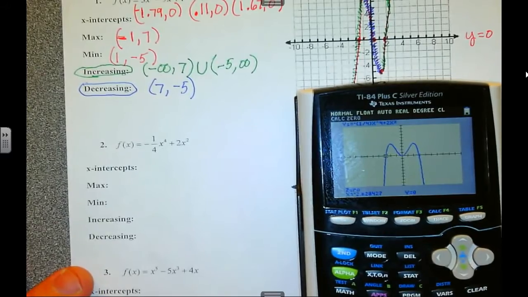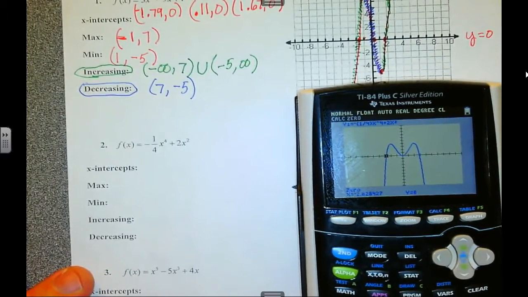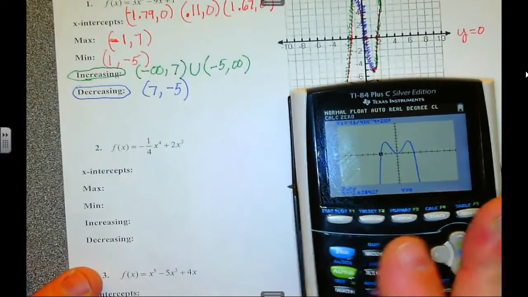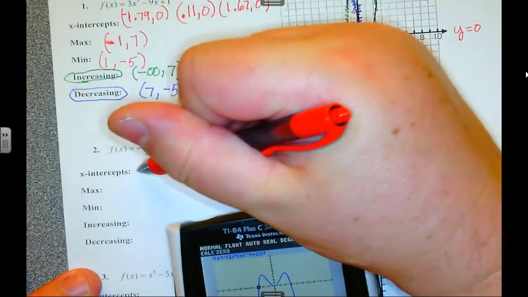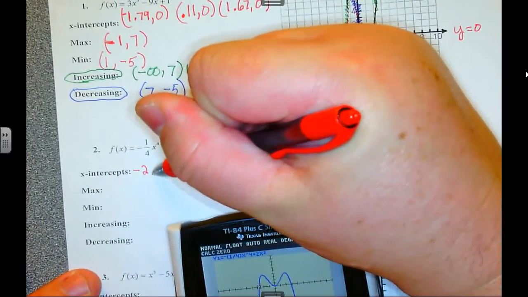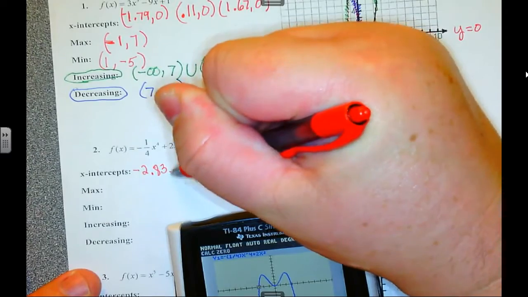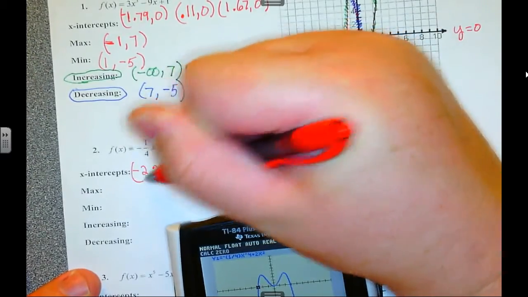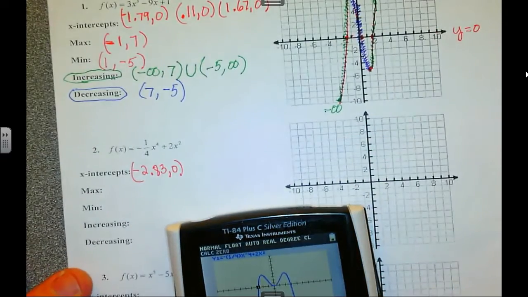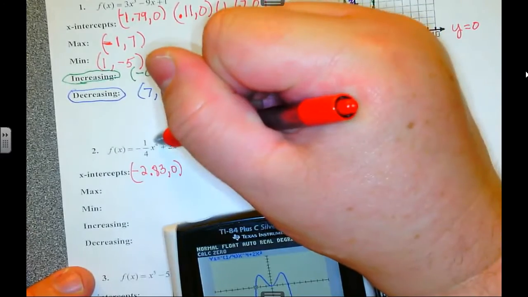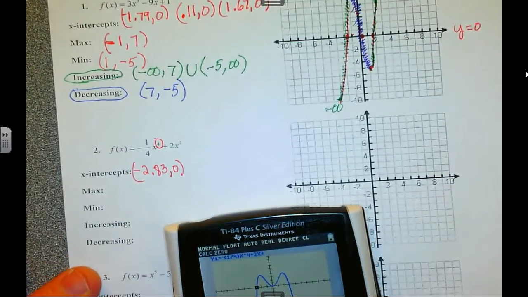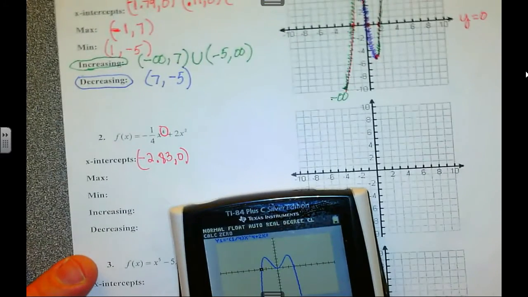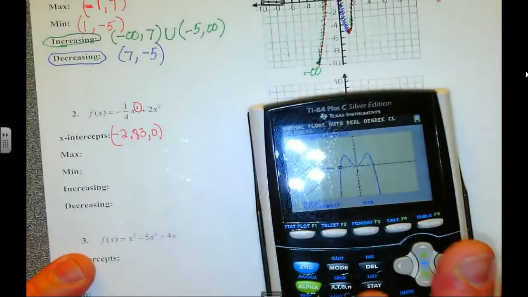My first one: negative 2.83, 0. By the way, how many zeros do I have? How many intercepts do I have? 4, right? Okay, there's 1. Well, let's do another one.